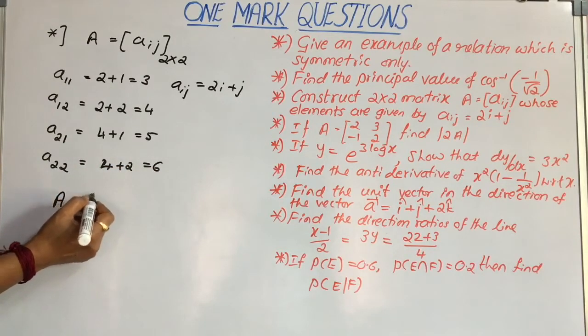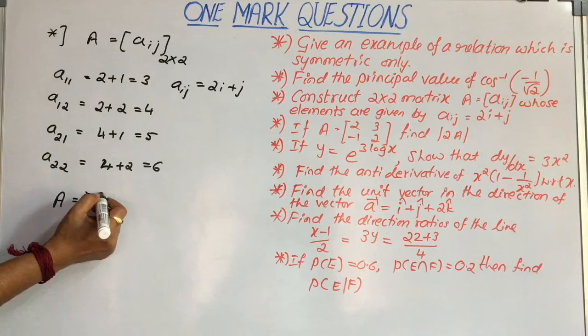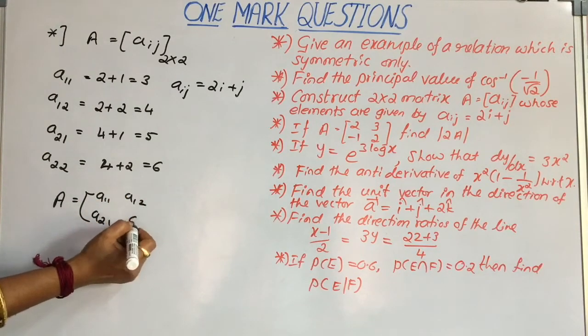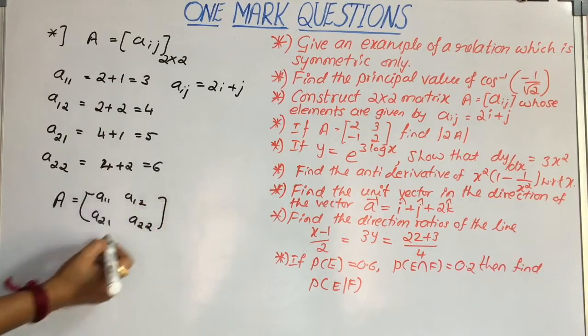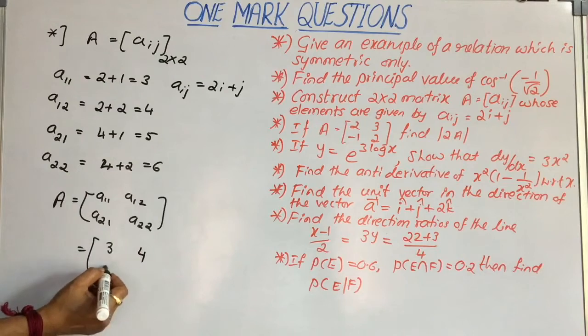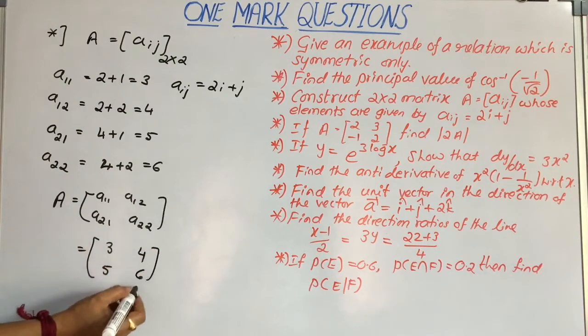Therefore, the required matrix A is equal to A11, A12, A21, A22, which can also be written as 3, 4, 5, 6. And this is the required 2 cross 2 matrix.